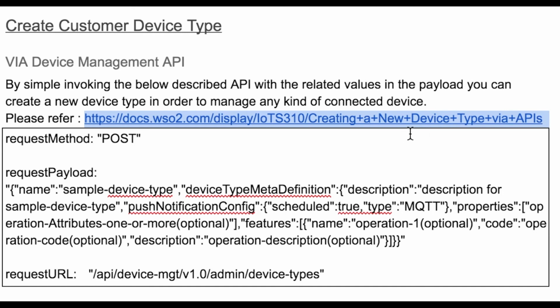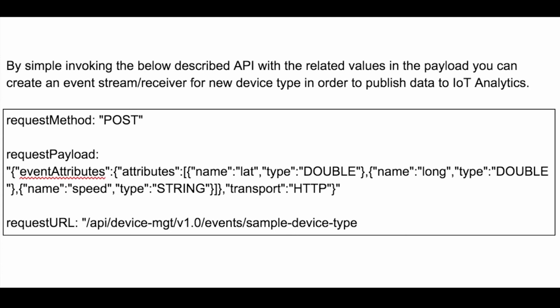After creating a device type, you can create the analytics event streams if needed using our device management API as well. By simply invoking the below API call, you can create the needed analytics streams. Send a post request to this particular URL /events/ here sample device type, because I created my device type as sample device type.